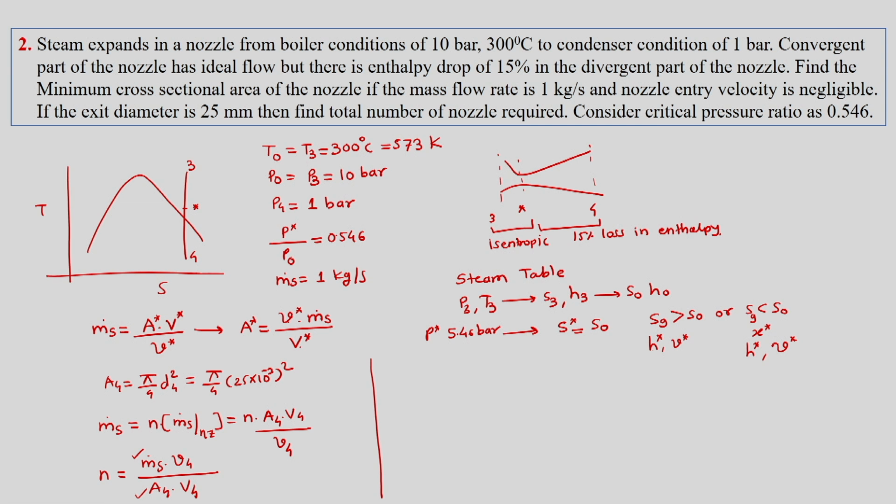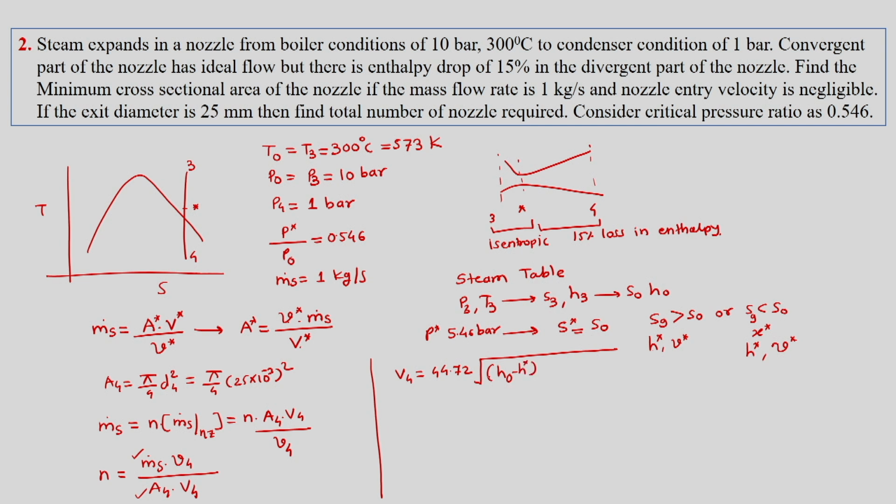So that we need to find out, and let us see how. First, V4: how to find out V4? The formula is 44.72 into square root of H naught minus H star.